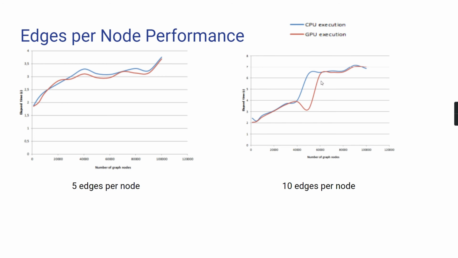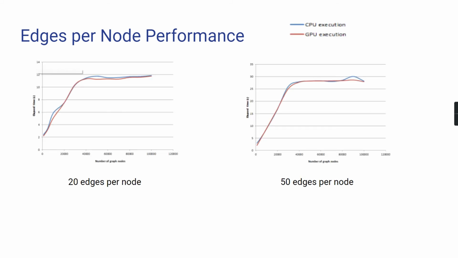As you can see coming up in the next one, on 20 edges per node, they're almost identical. The CPU and GPU execution times have hardly deviated at all, and when we go up to 50 edges per node, they are both atrociously slow, and they both pretty much execute the same way every single time.